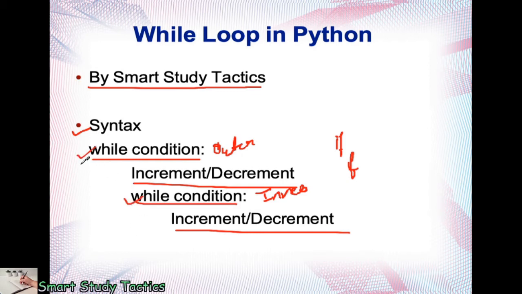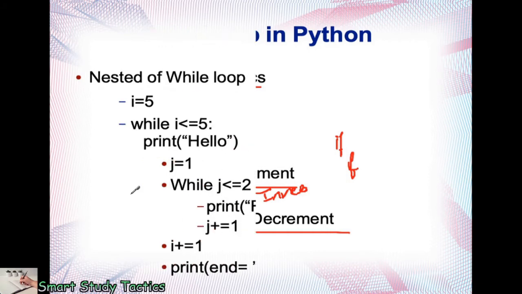When it executes the outside loop, then it comes to the inside loop. When this condition is fulfilled, then it will jump to the outside loop. Again it will check the condition. When this condition is fulfilled, it will jump to the outside loop. So it will go on. Okay, let's see with the help of the next program.